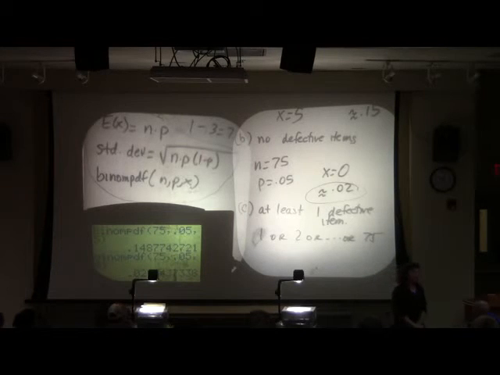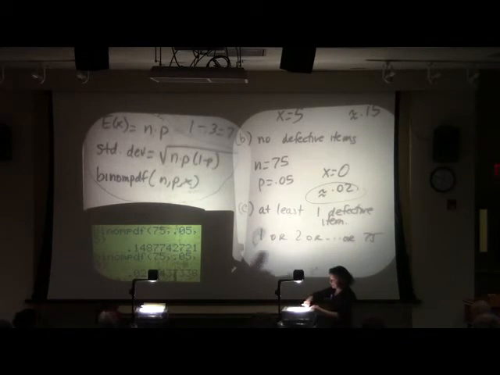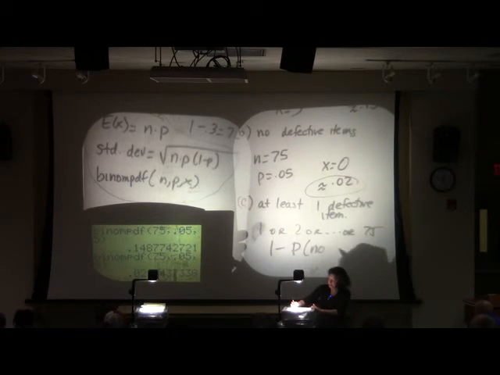No way, right? So, ask yourself, what's the complement of this? What is the complement of 1 or 2 or 3 or 4 all the way up to 75? 0, right? Isn't that the only thing we haven't taken into account here? So wouldn't it be 1 minus the probability of no defective items?